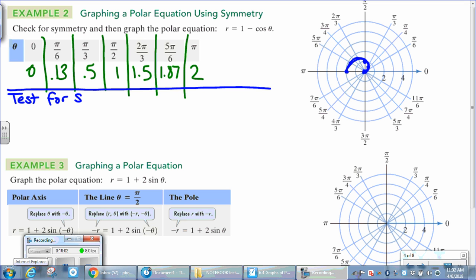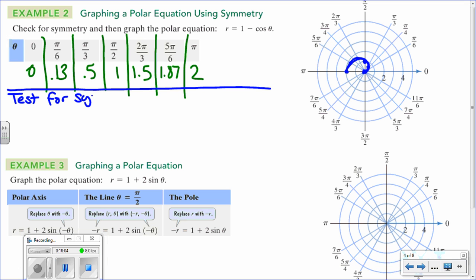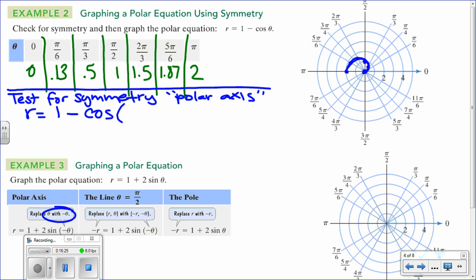Okay, so now we're going to check for symmetry along the x-axis, which should be called the polar axis. For that, we're going to replace the angle, just the angle. So r equals 1 minus cosine, and then instead of theta as the original function, we use negative theta.